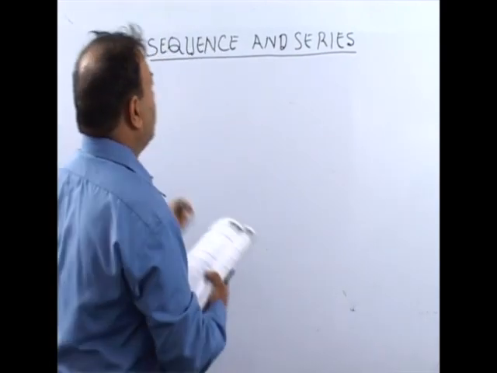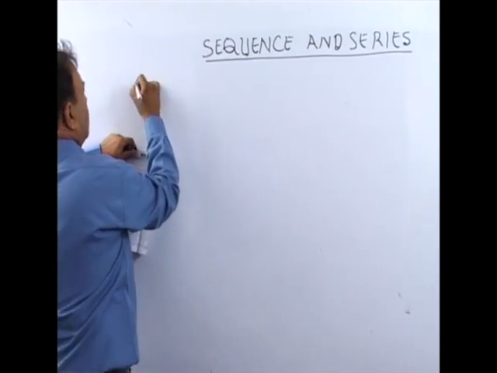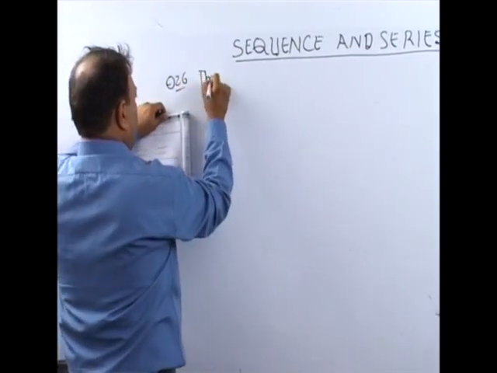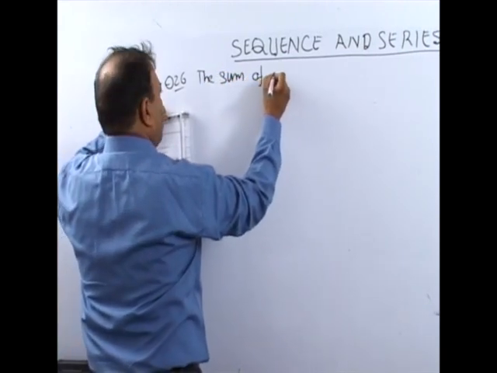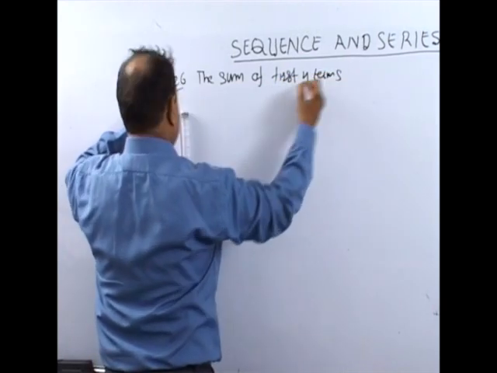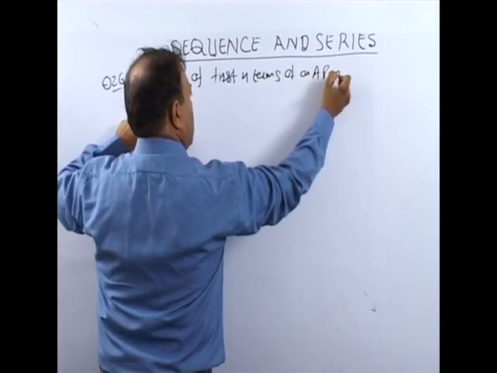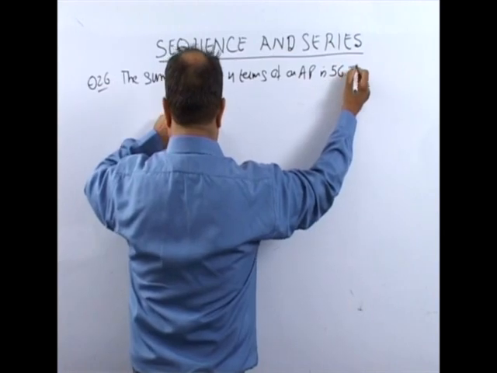It is question number 26 of our assignment. The question is, the sum of first four terms of an AP is 56.